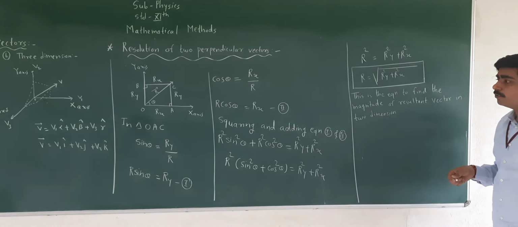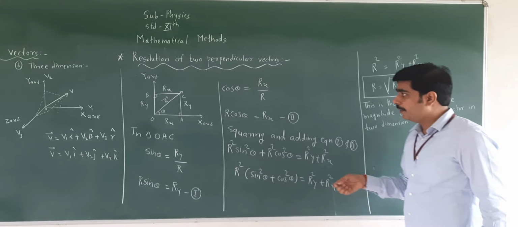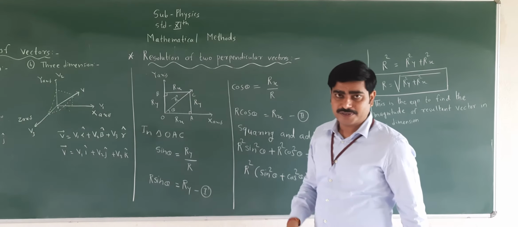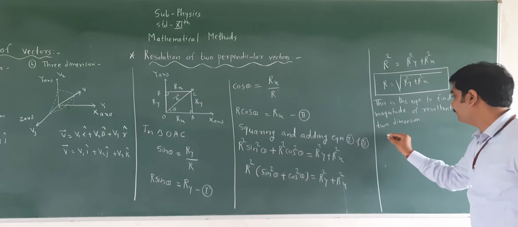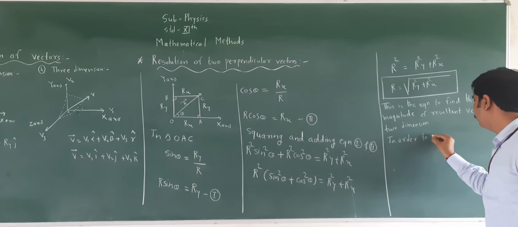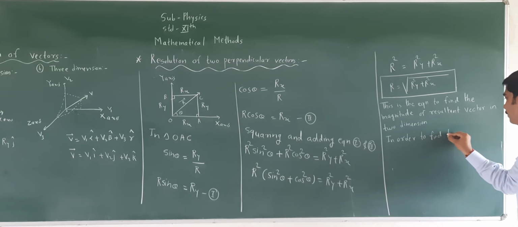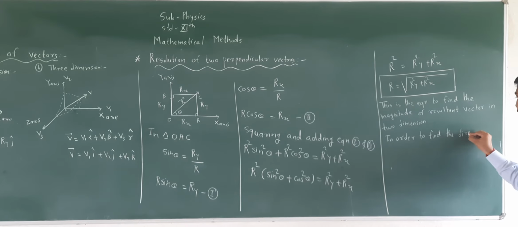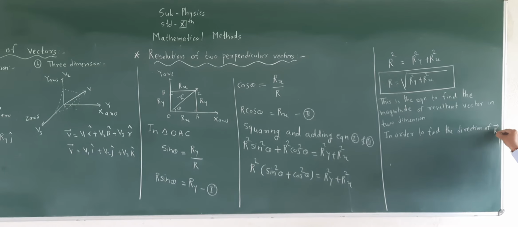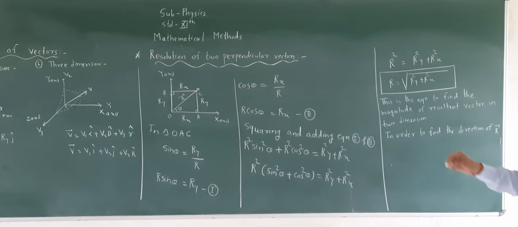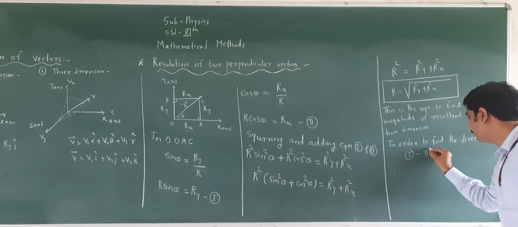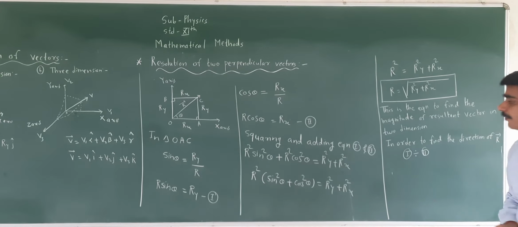Now friends, in order to find the direction, here theta is the angle and theta will indicate the direction of the given vector. So in order to find the direction of vector R, we have to divide equation 1 by equation 2.